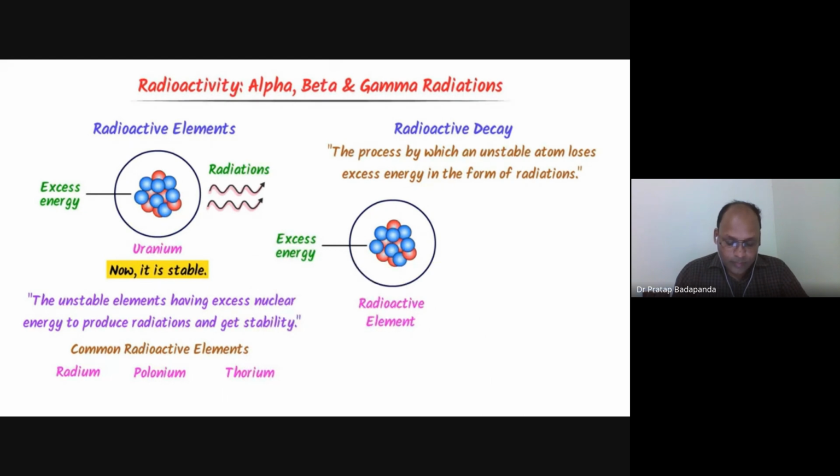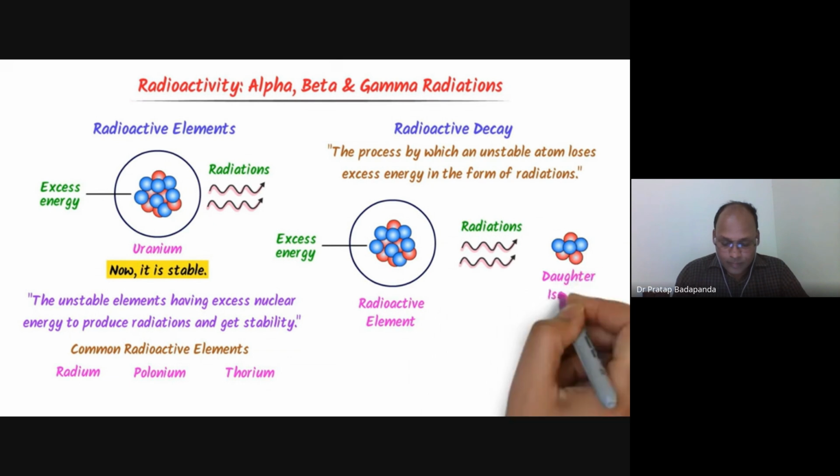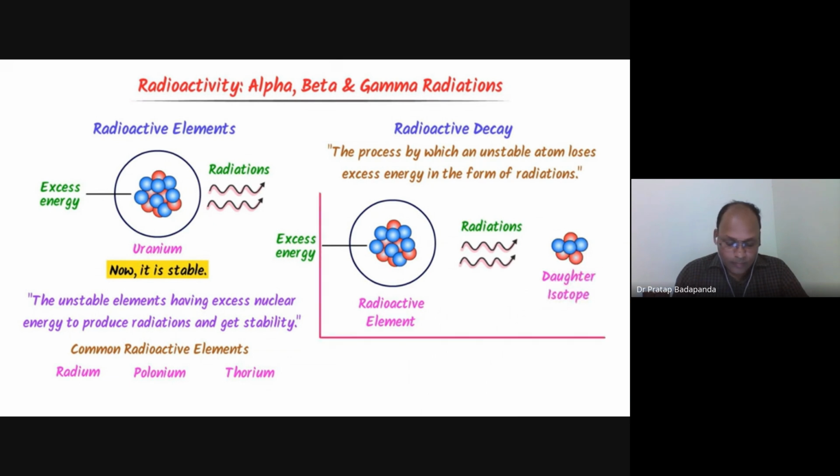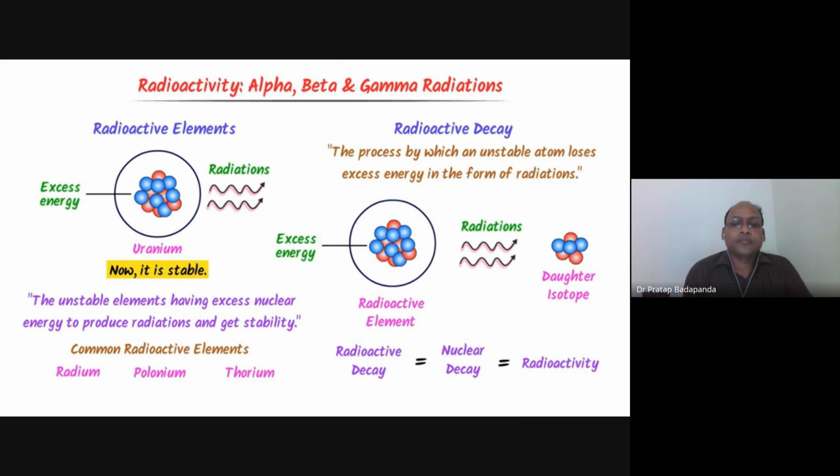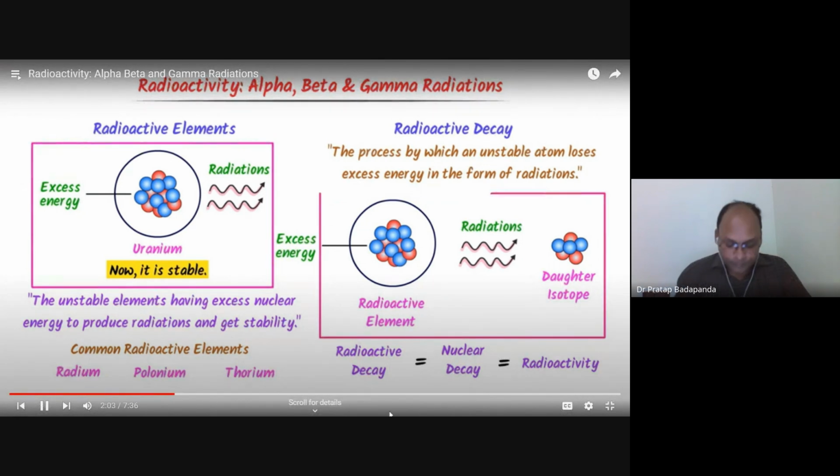This radioactive element will release excess energy in the form of radiations and convert to a daughter isotope. This whole process is known as radioactive decay or nuclear decay, or we just call it radioactivity. Hence remember that radioactive elements undergo radioactive decay or nuclear decay.